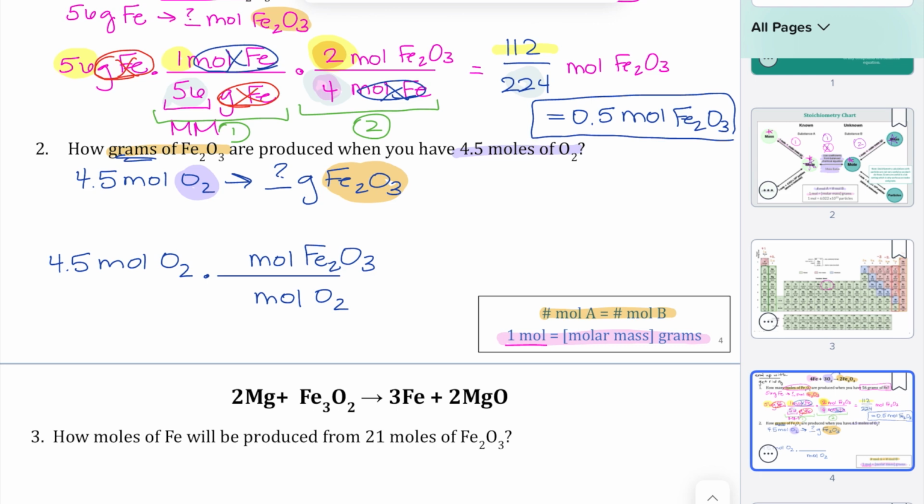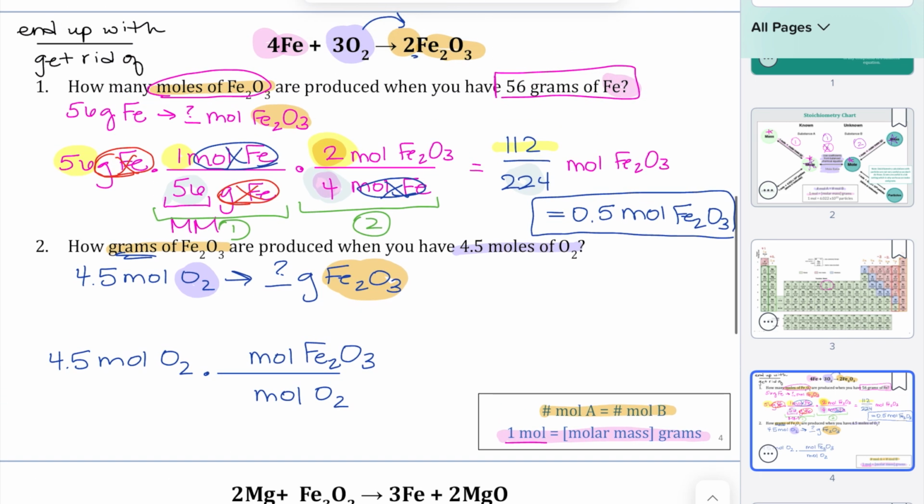So that moles of iron oxide is going to be on the top. Going to our coefficients, we have 2 moles of iron oxide to 3 moles of oxygen for that mole ratio. And then this one is asking us to continue from moles of iron oxide to grams of iron oxide, so we are going to use our 1 mole is molar mass relationship for that. 1 mole of Fe2O3 on the bottom.